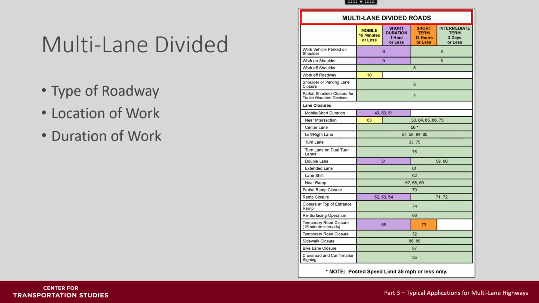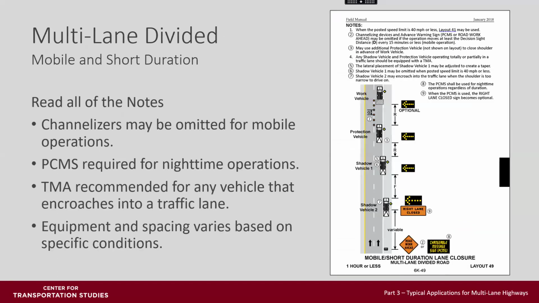First, we need to know the type of roadway, then determine where the work will occur, and then determine the duration of the work. There are many layouts in this section that are not included in this webinar. In general, the layouts that are omitted are specifically for freeway operations, and we're focusing on local road operations today.